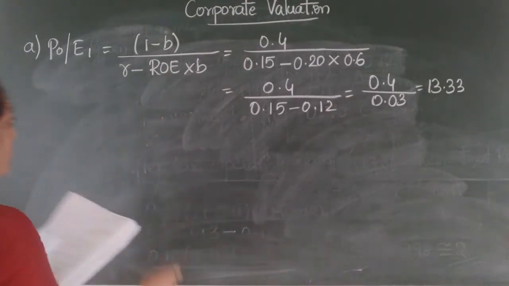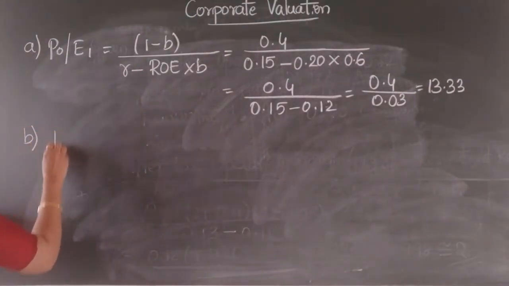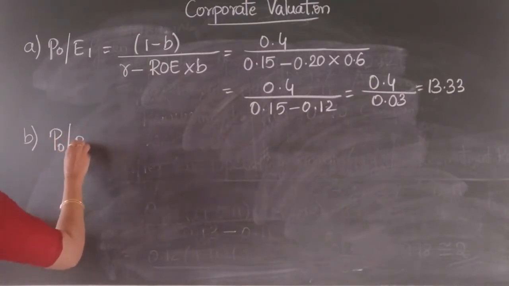Next they asked you to find PB, that is P naught by B naught.